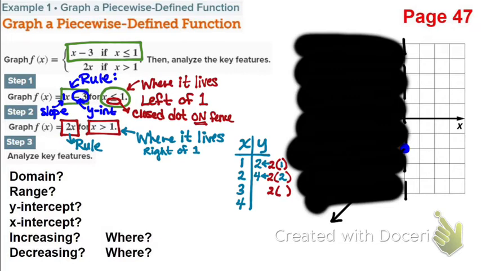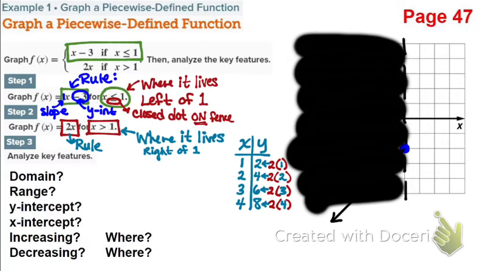For the next number, what do I put in the place of x? 3. 2 times 3? 6. And what would I substitute in to find the last y value? I'm going to substitute in 4. 2 times 4? 8.